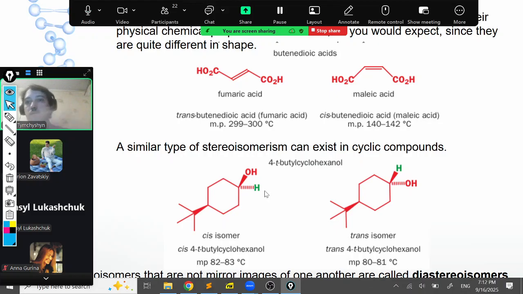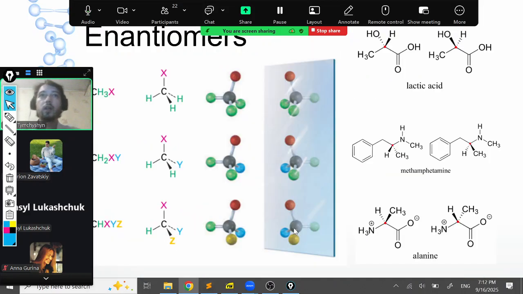Okay, so one more reminder that if molecules are not mirror images of one another, they are called diastereoisomers.